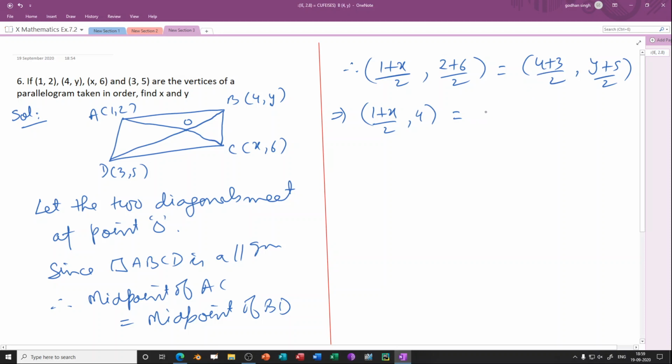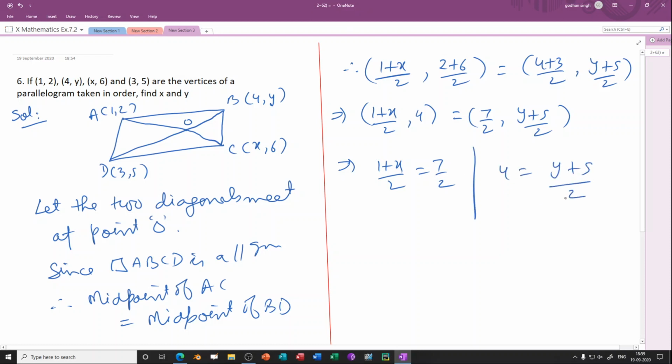So we can write 7 by 2 and y plus 5 by 2. Now these two ordered pairs are equal, and they will be equal only if the corresponding elements are equal. So this implies 1 plus x by 2 is equal to 7 by 2 and 4 is equal to y plus 5 by 2.